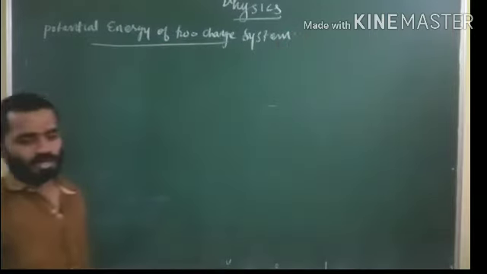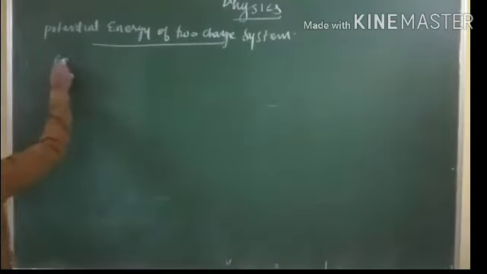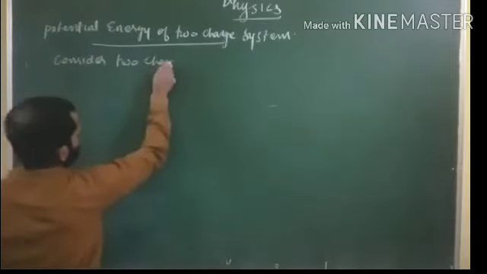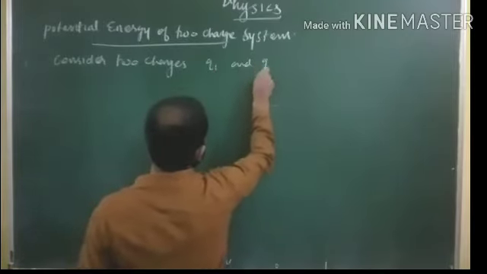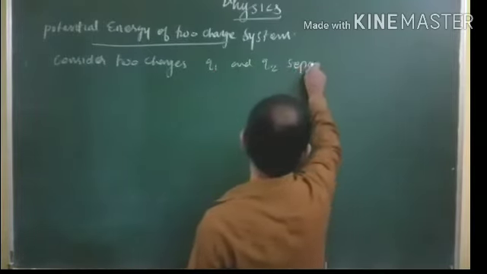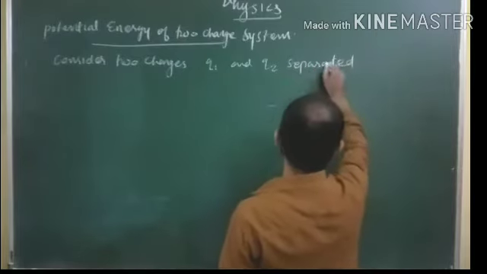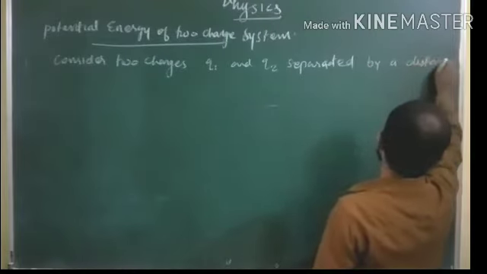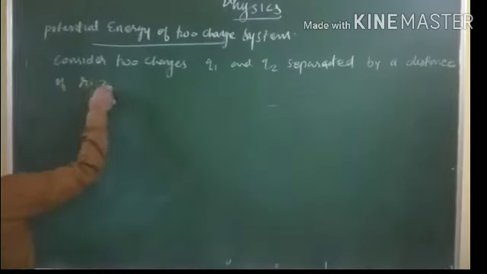We are having two charges. See, I will show the diagram here. Consider two charges Q1 and Q2 separated by a distance of R12, or otherwise R21.